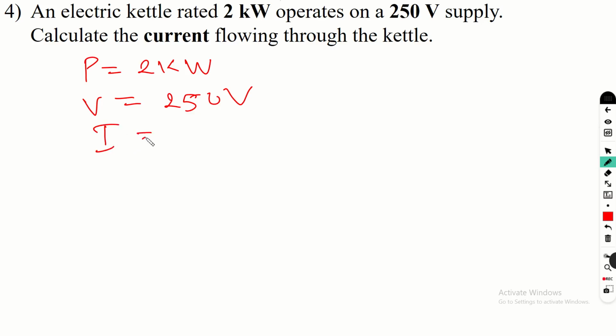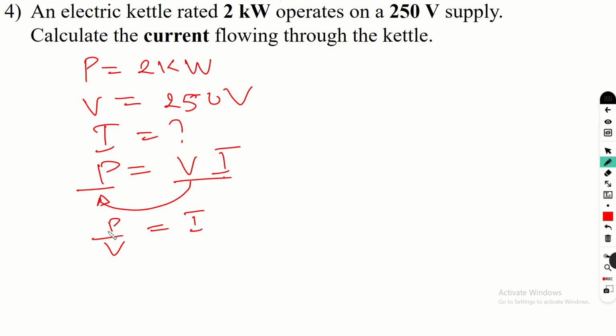Current, which you just know. But the formula is P is equal to V times I. So you have to make I the subject of the formula. So you draw a line, and you take this V down here. So you have P over V is equal to I. Or same as P over V, which should be equal to 2 kilowatt over 250 volt, and K is same as 1000.